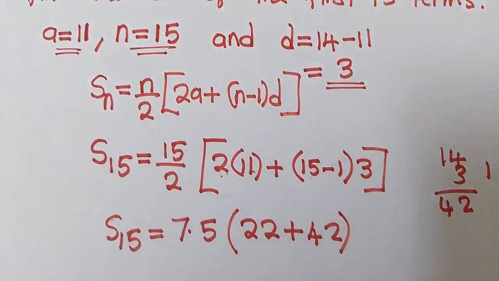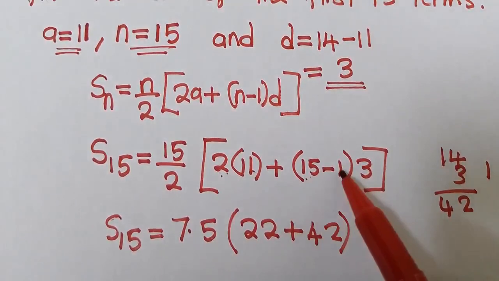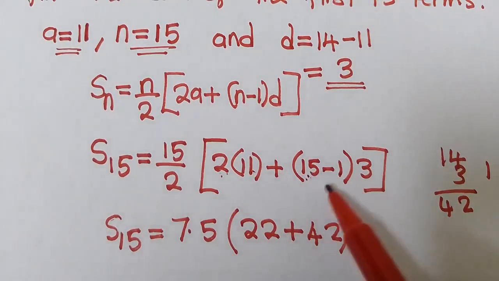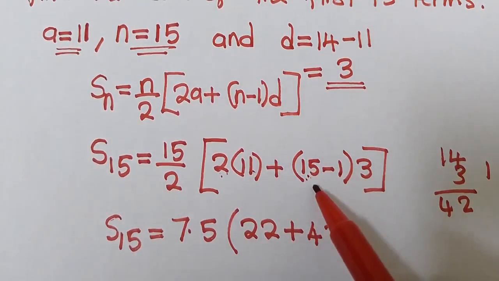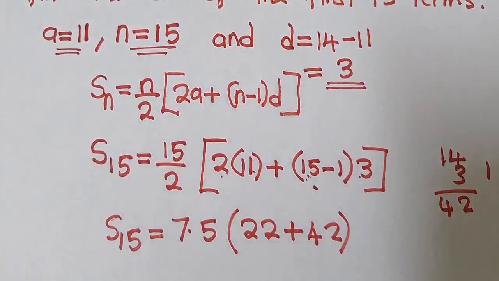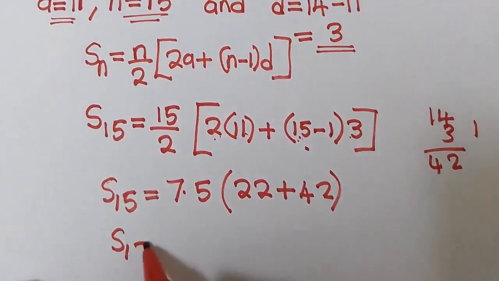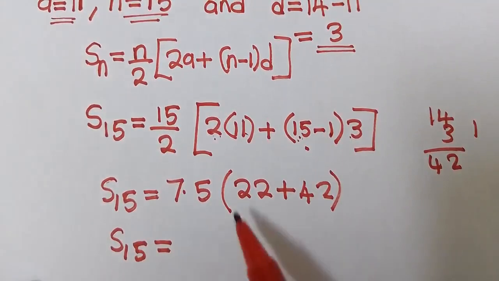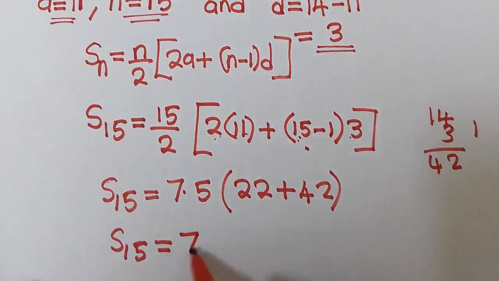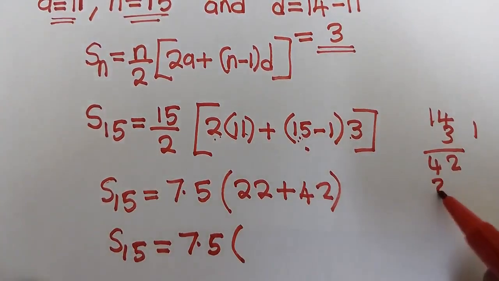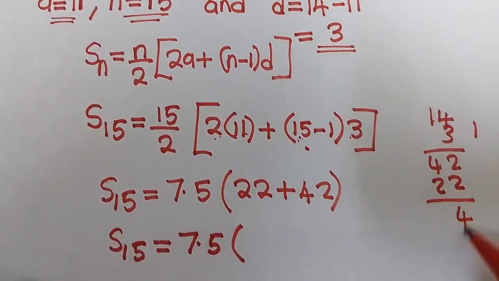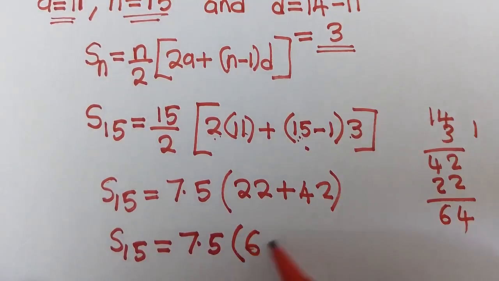This is what you are going to do. So 15 minus 1, it is 14. 14 times 3, it is 42. Then you say the sum of the first 15 terms is equal to, what is the answer there? 7.5, when you add 22 and 42, you get 64.